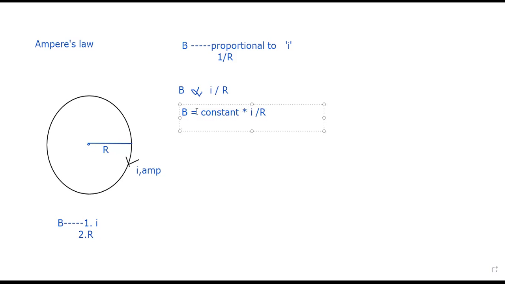So this is the magnetic field, which is equal to the proportionality constant, which we denote with mu naught divided by 2 pi.